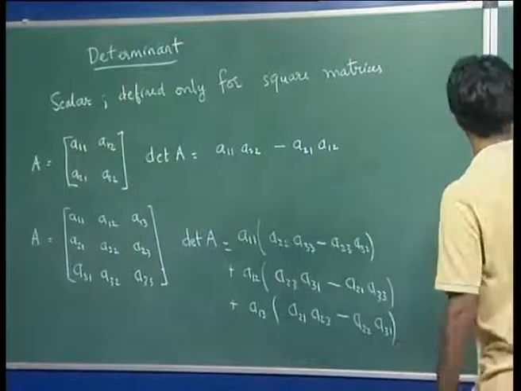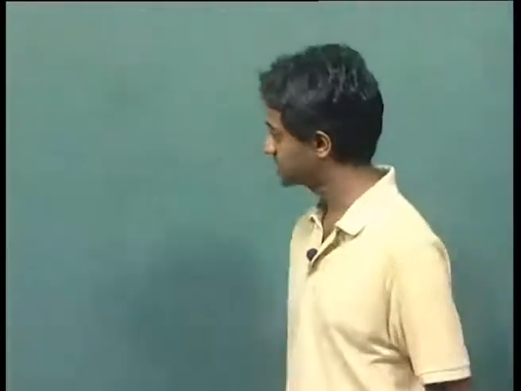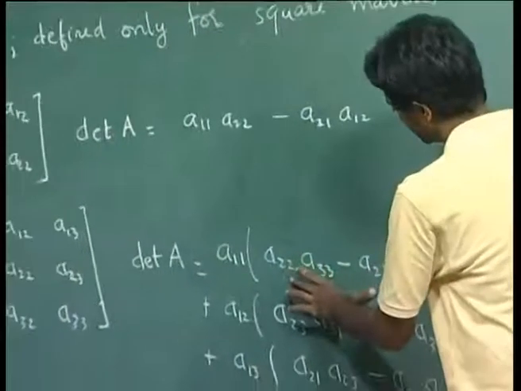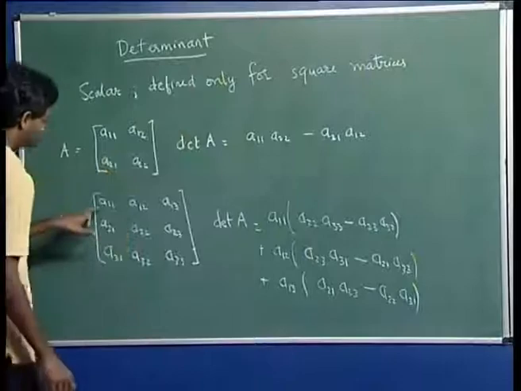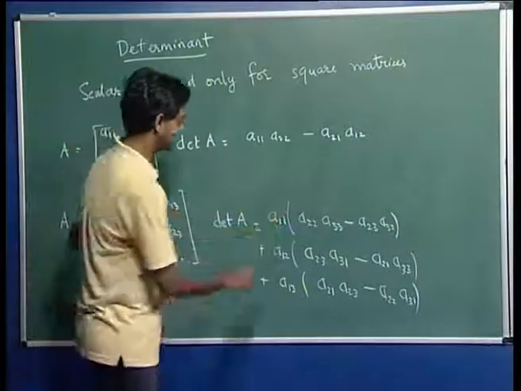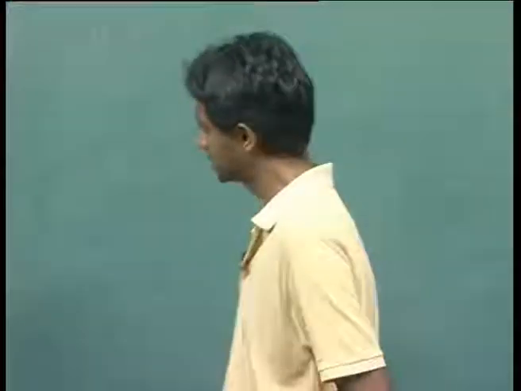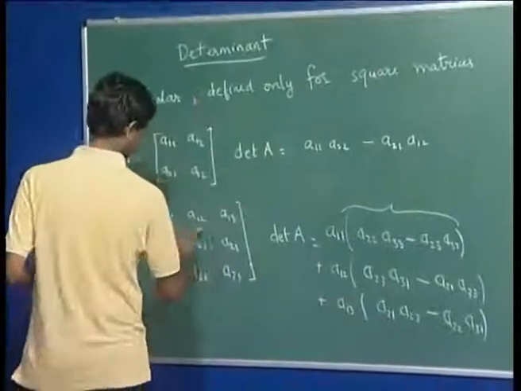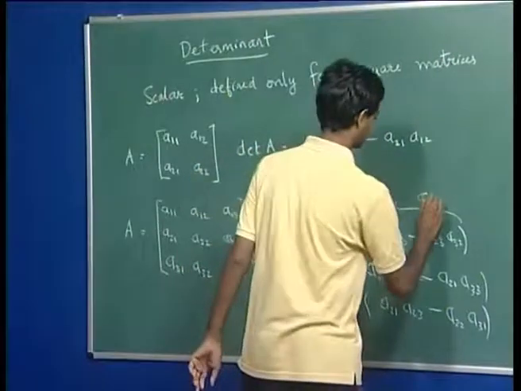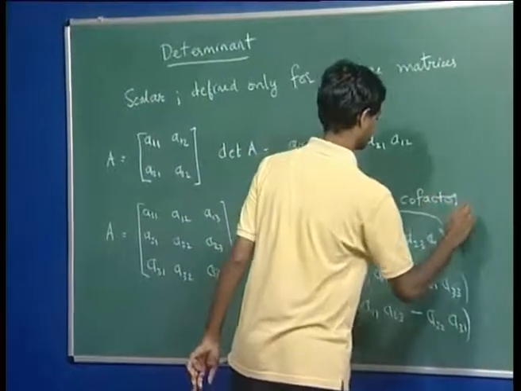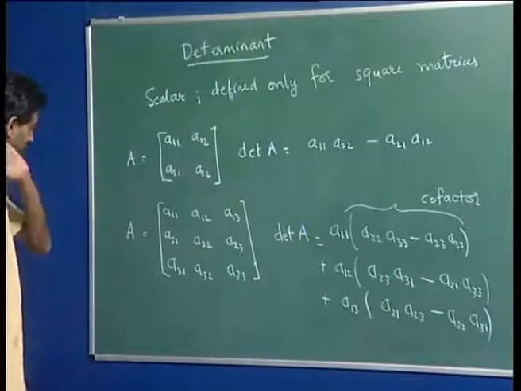Now, the definition will always involve this quantity, which is the determinant of the matrix obtained by removing the row and the column. So, we will give it a name. If we preserve the order of the matrix, then this element is called the cofactor. Notice that in the cofactor you preserve the order.